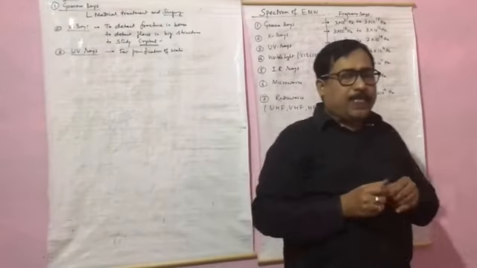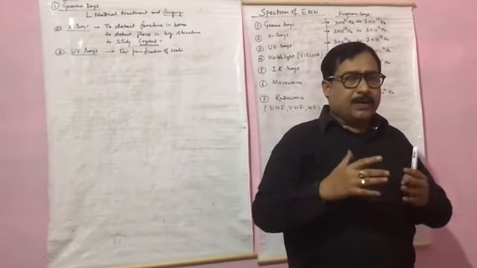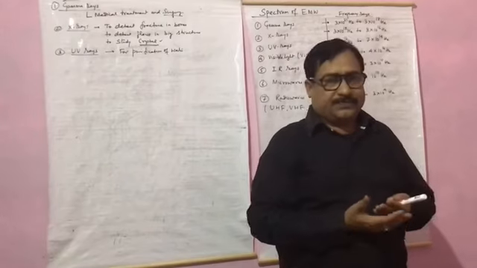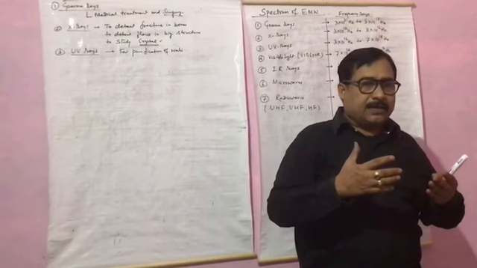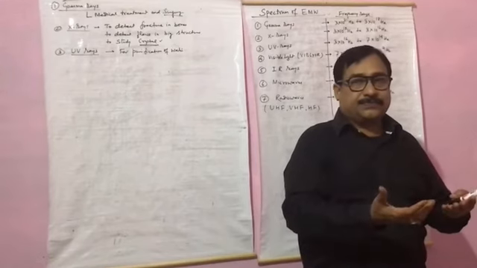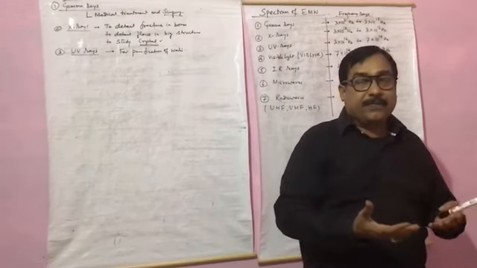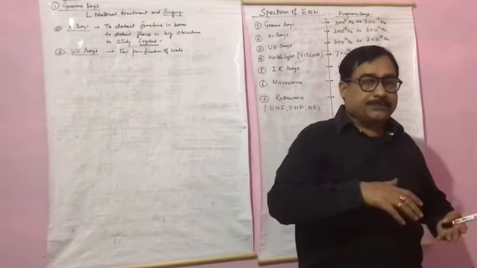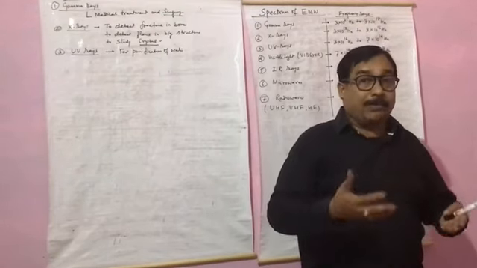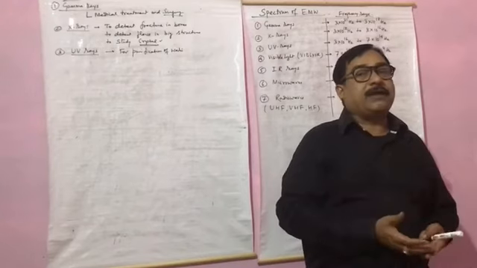Okay, now if you want to check some forged documents, some wrong notes, currency. So to check whether the currency is right or wrong, real or unreal, we use ultraviolet rays.